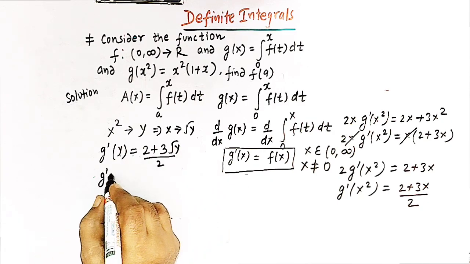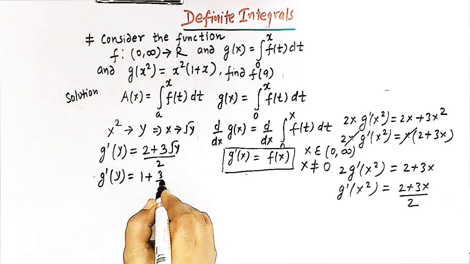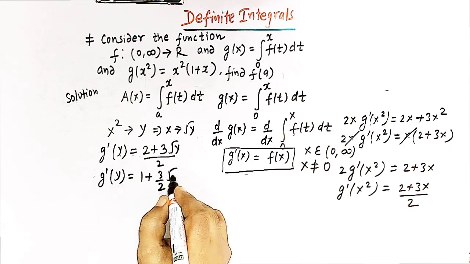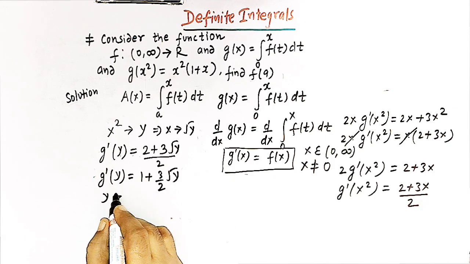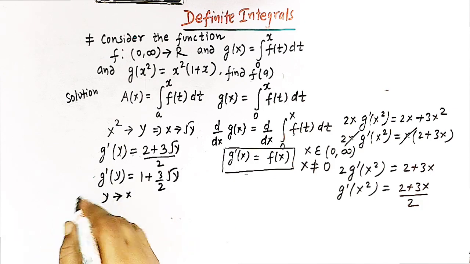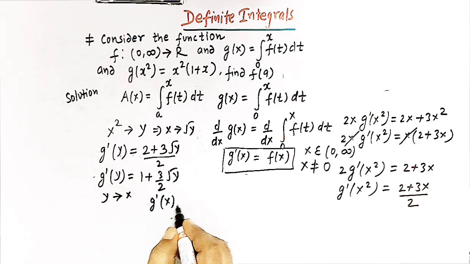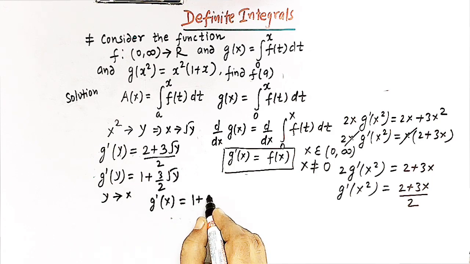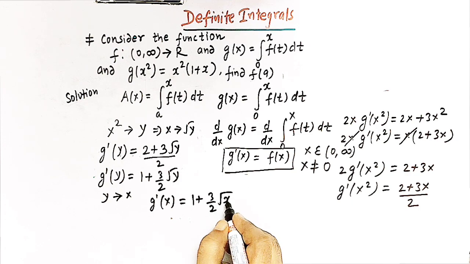So we can now write g prime of y is equal to 1 plus 3 over 2 times square root of y. So again changing the variable from y to x, that is the usual notation, we have g prime of x is equal to 1 plus 3 over 2 times square root of x.